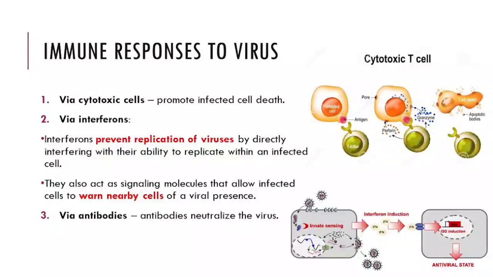When the interferon level is up, the immune cells will signal like a cellular phone, calling for help, so that your immune system will rush to the infected site. Another response is that our body will produce antibodies, and antibodies can neutralize the virus.